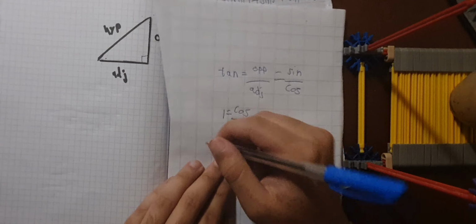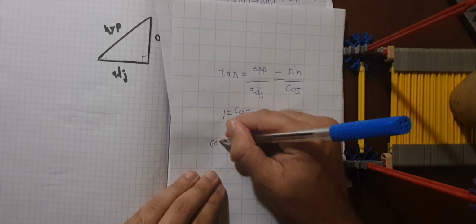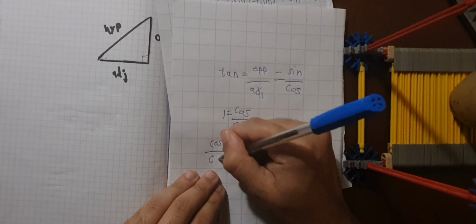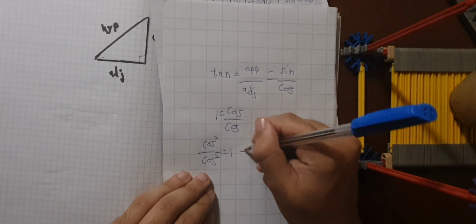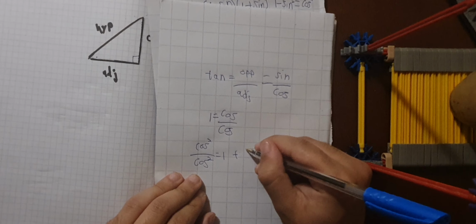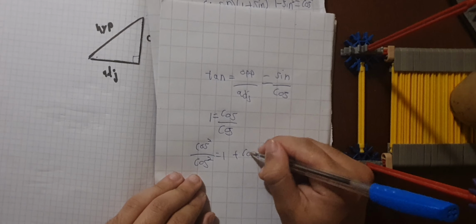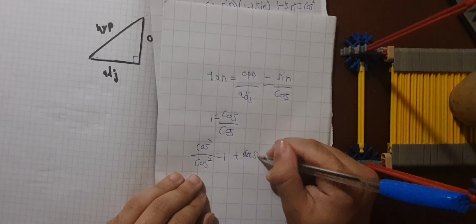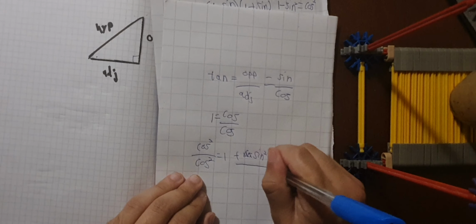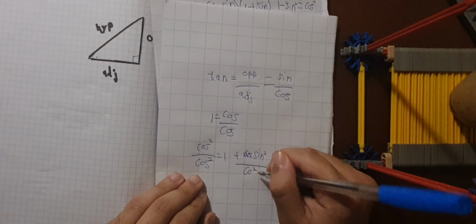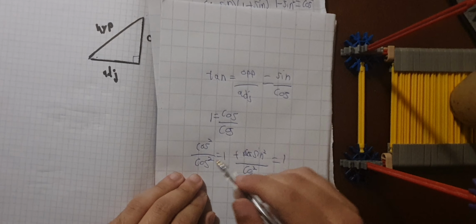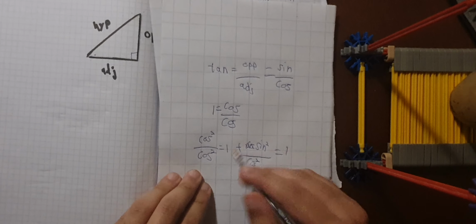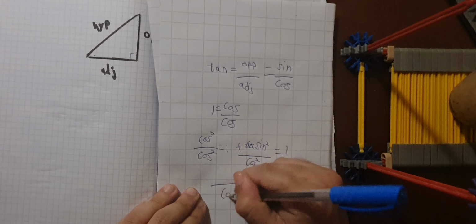So cosine squared over cosine squared, which is equal to 1, we add that to tan squared, which is sine squared over cosine squared. But why 1? Okay, it's the same denominator, so we just put it down.